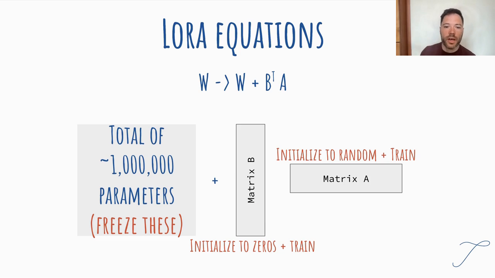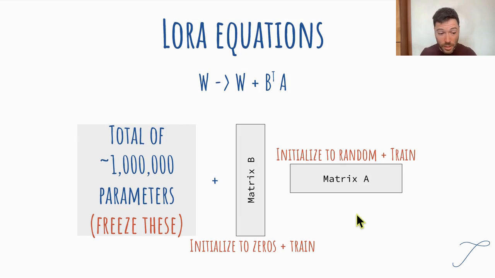And so right at the start of training, we're just going to be training a model that's the very same as the original model. And over time, as B gets updated and as A gets updated, that's going to result in there being non-zero values in B, and B and A is going to contribute a fine-tuning update. And so this is LoRA, and it works very well, and it still works very well.